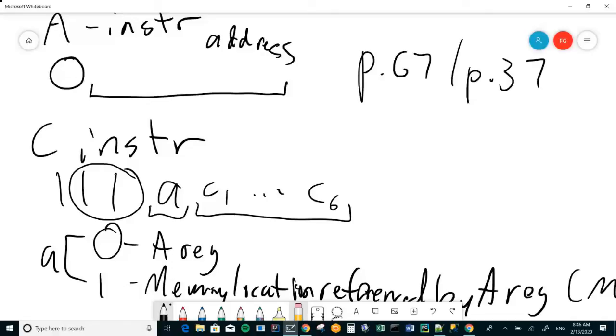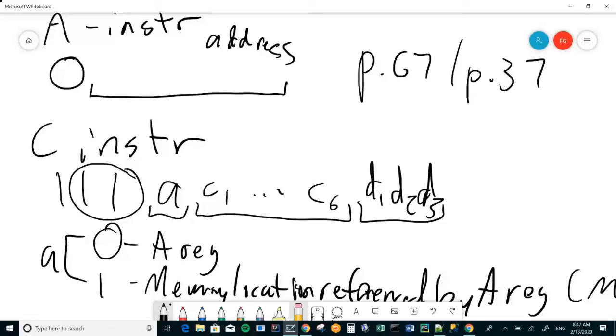The last 6 bits we haven't looked at yet are all about what changes. Every possible change to the CPU from a C instruction depends on these last 6 bits, each of which specifies either a different thing that changes or a condition in which it might change. So first, we're going to look at these guys, D1, D2, D3.